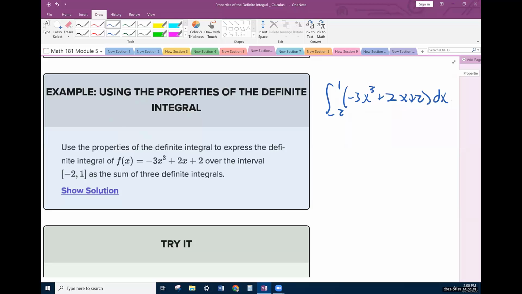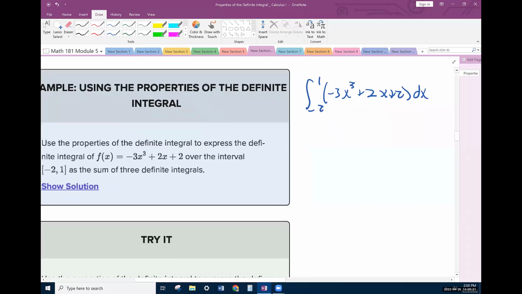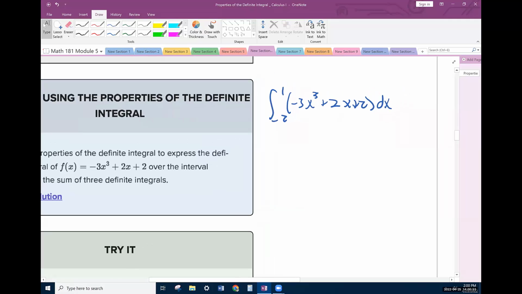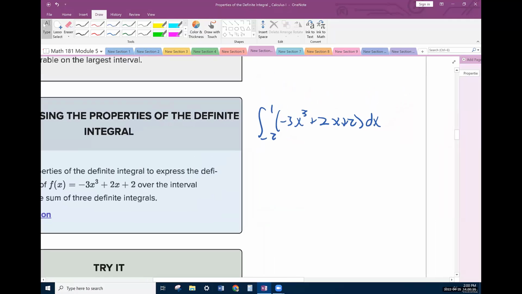I understand the argument if you don't want to do that. So if we split this up into 3 integrals, we have the integral from -2 to 1 of -3x cubed dx, plus the integral from -2 to 1 of 2x dx, plus the integral of 2 dx from -2 to 1.